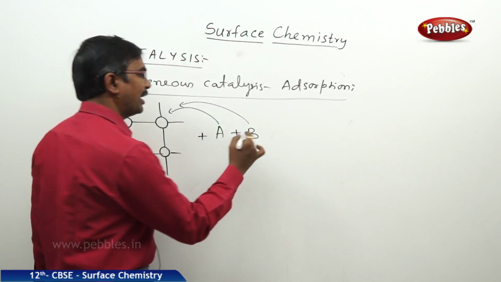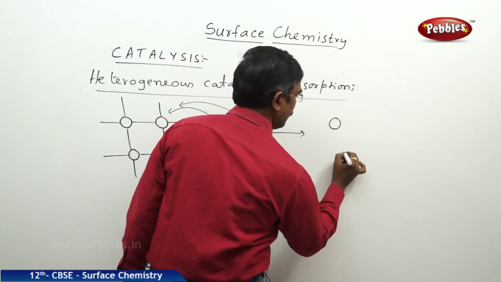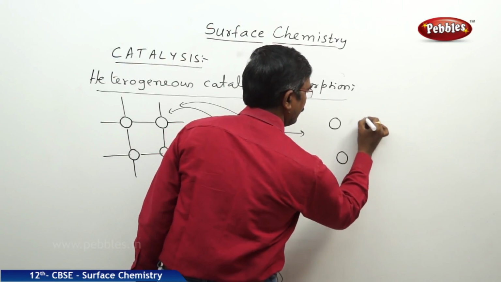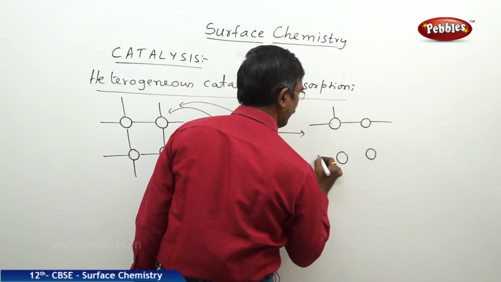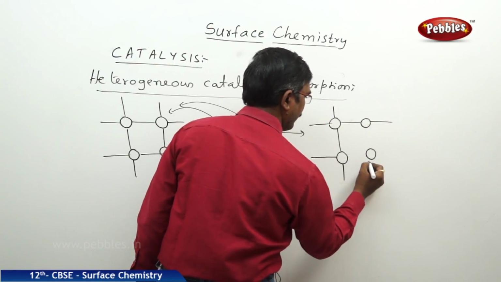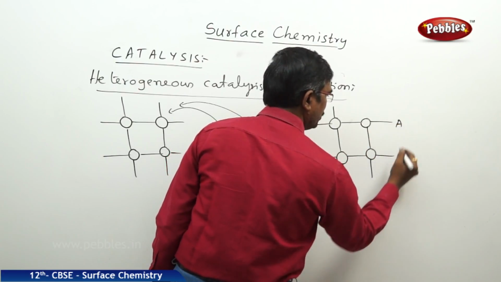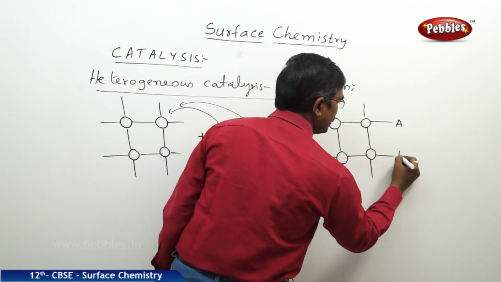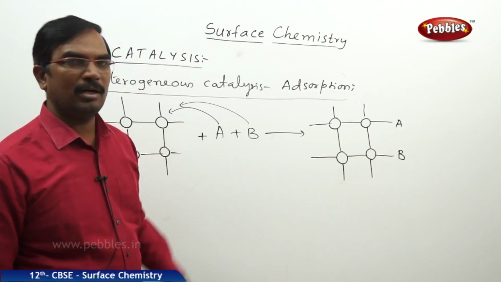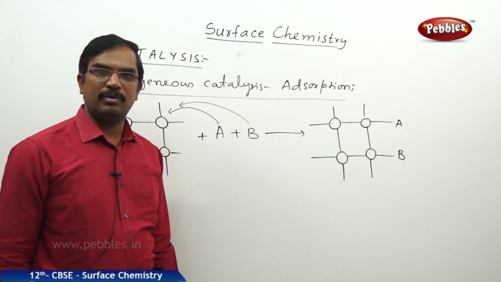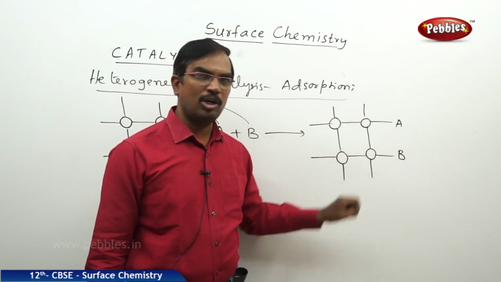So assume they have diffused like this. This is A, which is diffused here, and this is B, which is diffused here. After diffusion they get completely adsorbed. So I am showing directly that A is adsorbed here and B is adsorbed here.